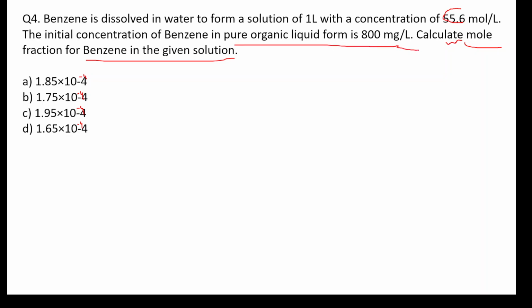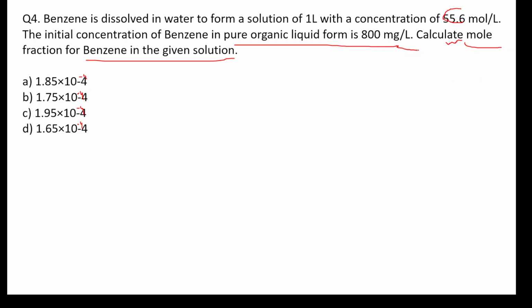So using these two pieces of information, you can find out the mole fraction for benzene in the given solution. Try to solve this question.